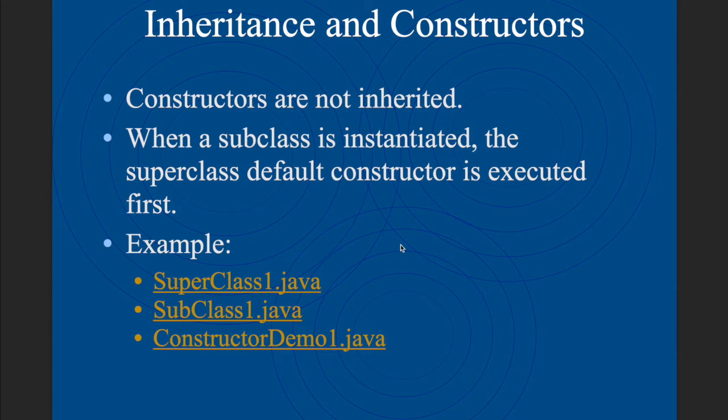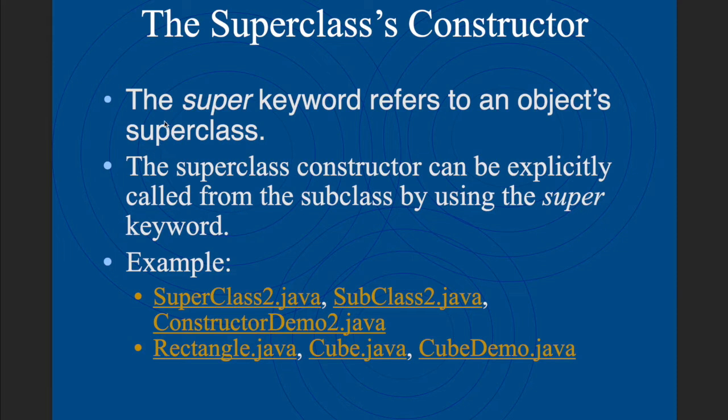Another important thing is that constructors are not inherited. When a subclass is instantiated, the superclass default constructor is executed first. Here are examples from your book, but I will show you a different example with inheritance and constructors, and of course with the super constructor.